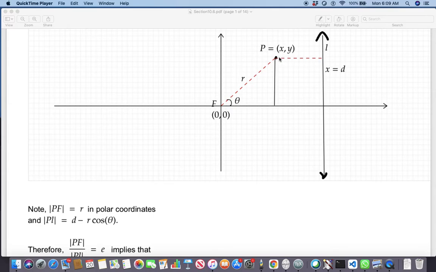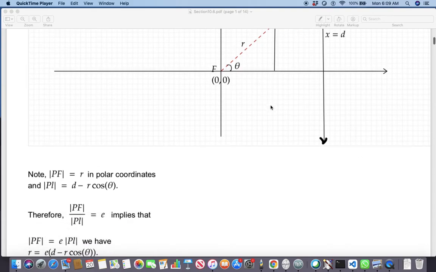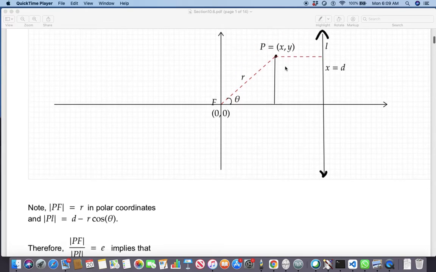The total distance by definition is d, since x equals 0 here and x equals d here. What about this distance? This is r cosine theta. So the distance of P from L is d minus r cosine theta.